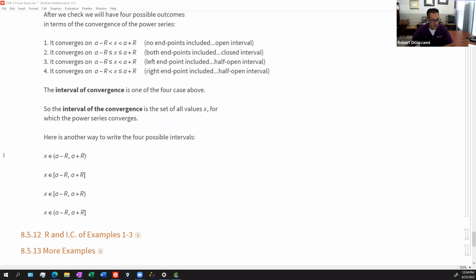These are the different ways that you can have it. Notice here, not including it, not including it, right? Include, include, include, don't include, don't include, include. You'll see bracket, parenthesis, bracket, parenthesis. Those are the only 4 possibilities.